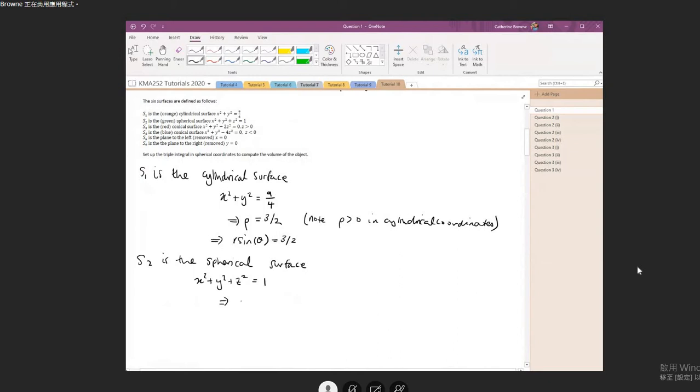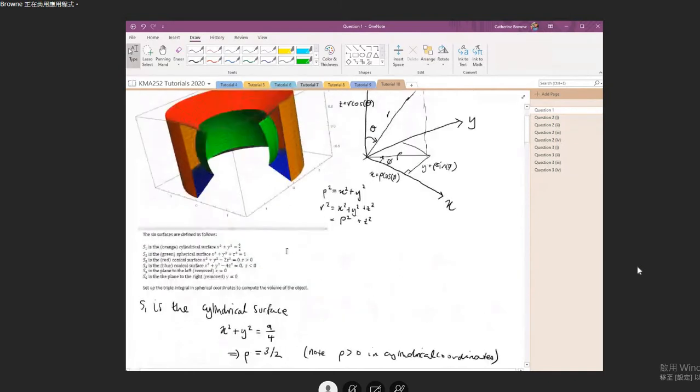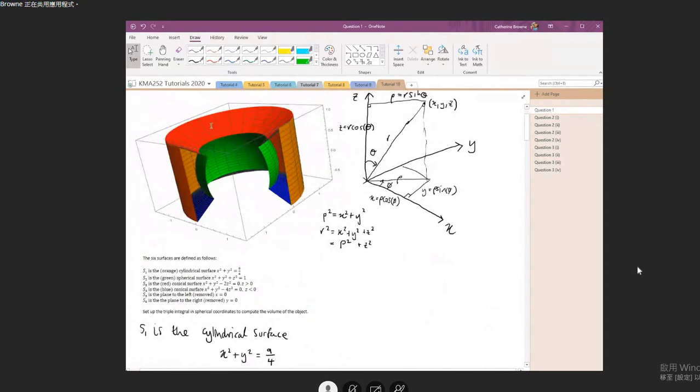So that implies that the radius is just equal to 1. And then S3 is the conical surface, and that's this top conical surface here that goes around like this.